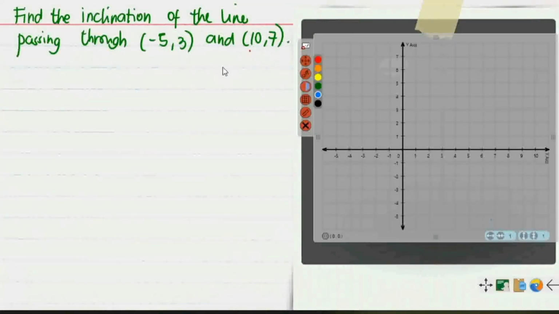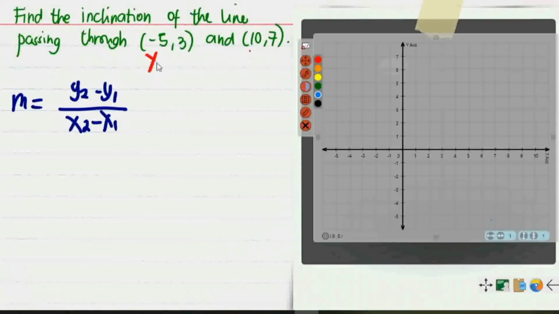Second example, find the inclination of the line passing through the point negative 5, 3 and point 10, 7. Using the formula for slope, change in y over change in x. So, let's assume this is x sub 1, y sub 1, x sub 2, y sub 2.